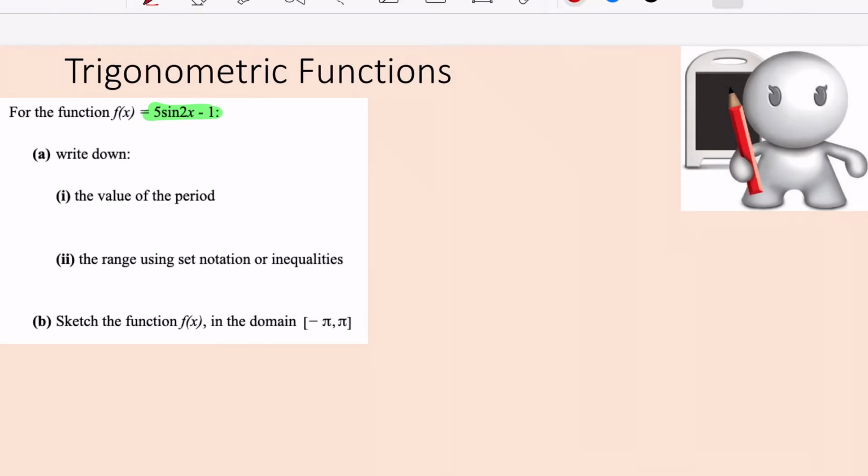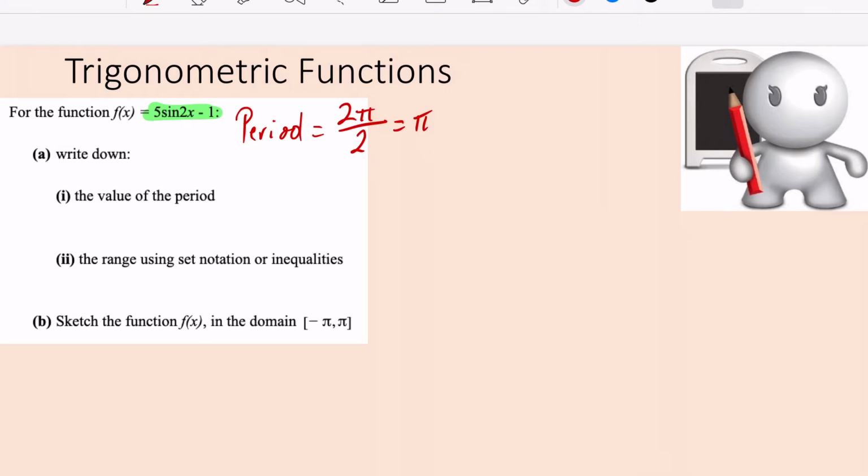What you would need to recognize is that the period of a sine of x function is 2 pi. But here, I don't have sine of x, I've got sine of 2x. So I need to divide by the coefficient of x, which gives me a period of pi. Now I'm going to link that back to our second question, that dilation.